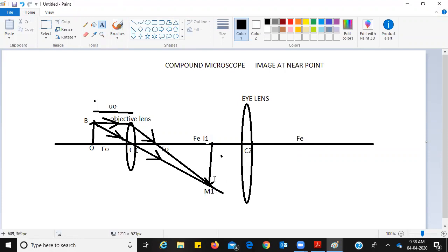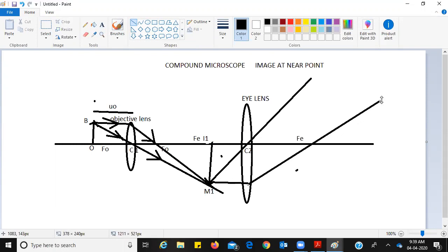A ray parallel to the principal axis passes through the focus, and another one goes through the optical center. I always draw through the optical center first, because the other way I sometimes have to adjust. This is the light ray passing through the optic center, and the second light ray has to go parallel, then pass through the focus FE to get the image.